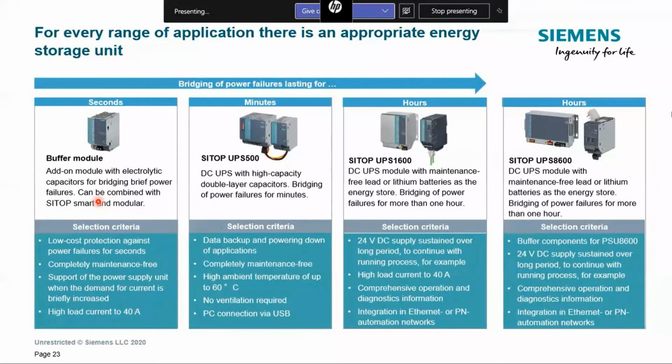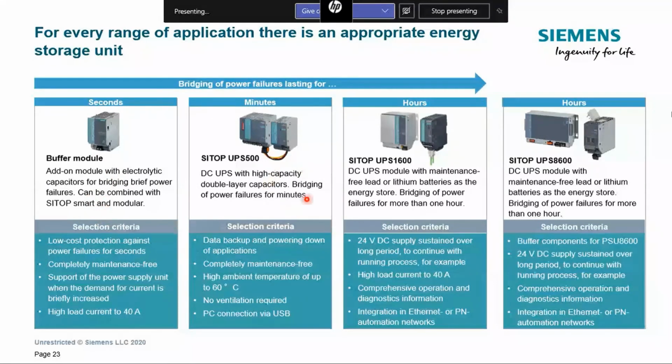So if from the supply, from the utility, the quality of the network is not that good, then maybe a buffer module is necessary, not to have the equipment fail every now and then because of the poor quality of the grid.